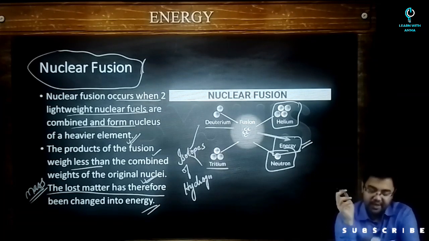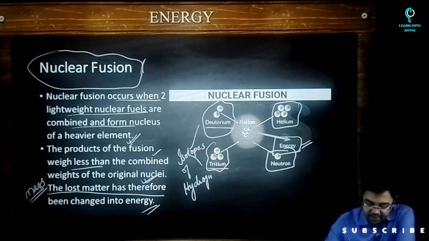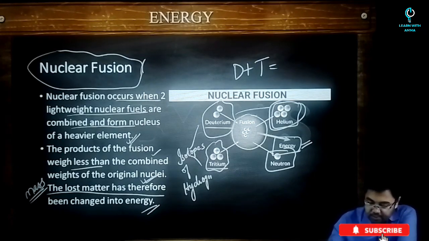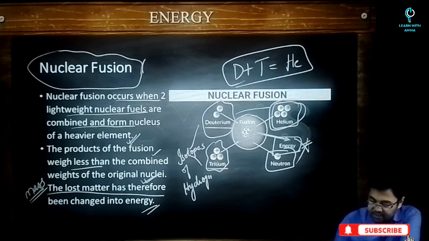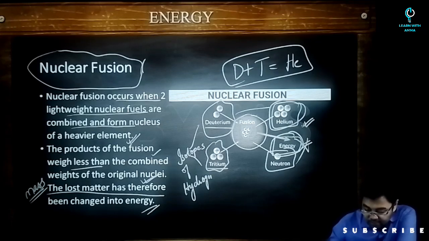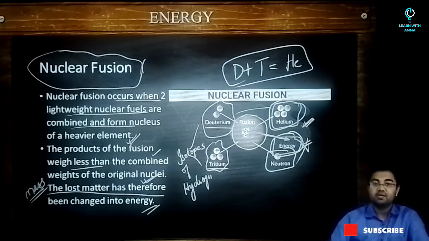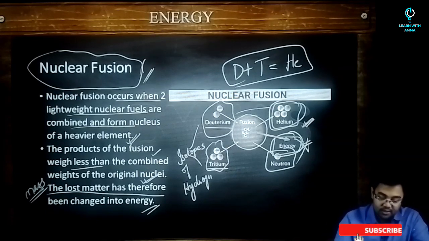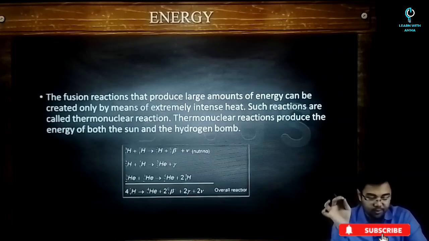The same thing applies here. When these lighter nuclei fuse together, if the mass of deuterium plus tritium were equal to the mass of helium, there would be no energy generated. But since that's not the case, some amount of energy apart from the mass of helium is produced in the reaction. That's why this high amount of energy is produced as nuclear energy from nuclear fusion.